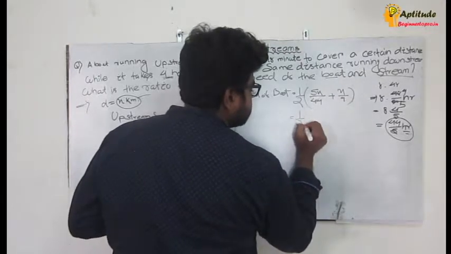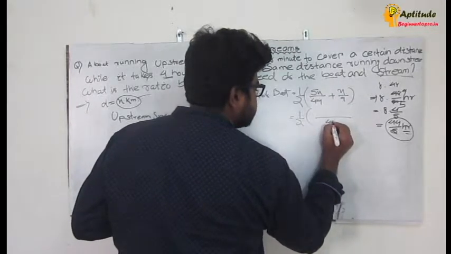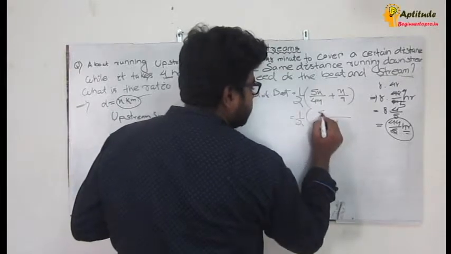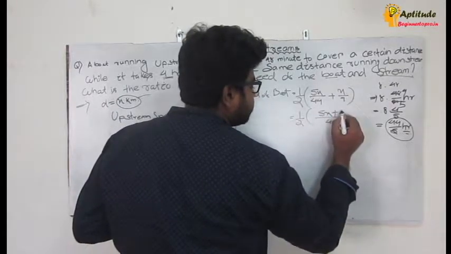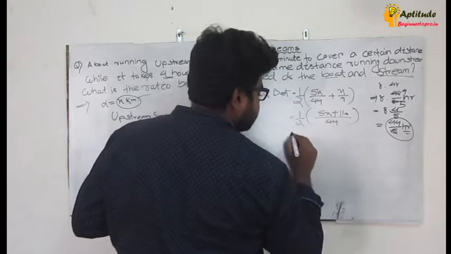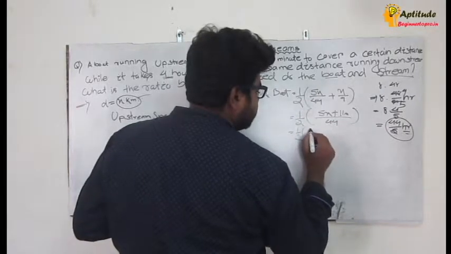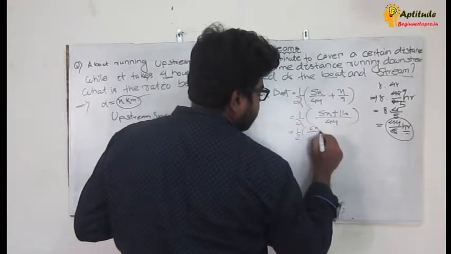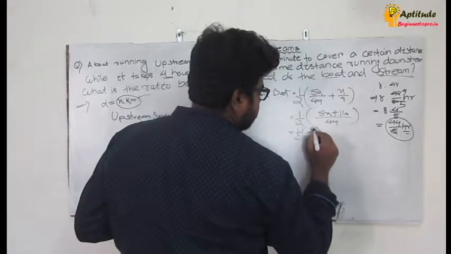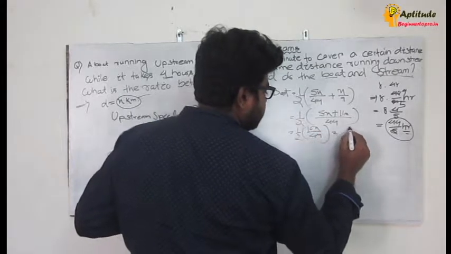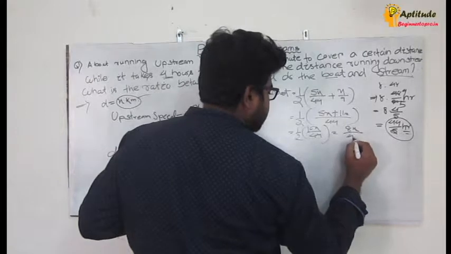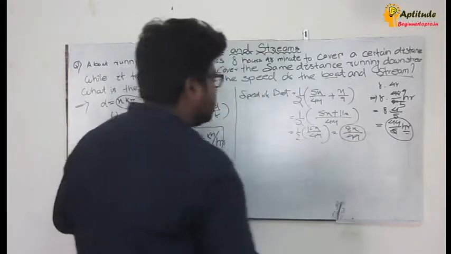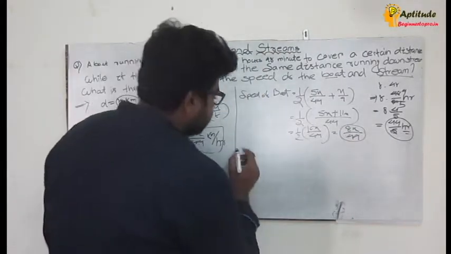If we solve this, we can write it as 44 whole into 5x plus 11x, that is equal to half whole into 16x by 44, that is equal to 8x by 44. We got our speed of boat.